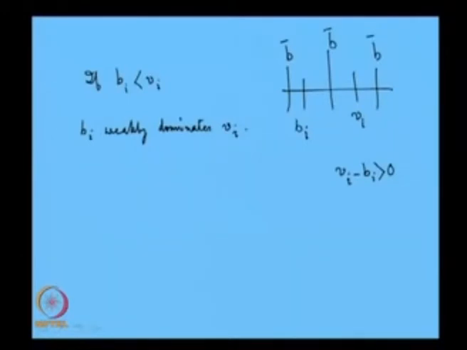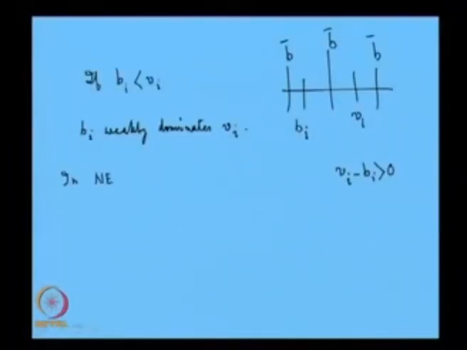And this implies, if I put these two things together, that any action which is greater than the valuation is weakly dominated. Any action which is equal to the valuation is also weakly dominated. We have seen this here.